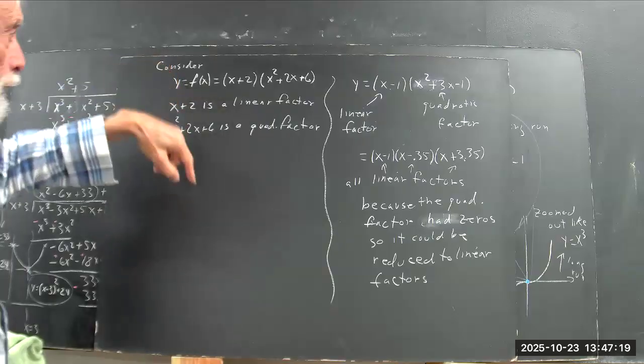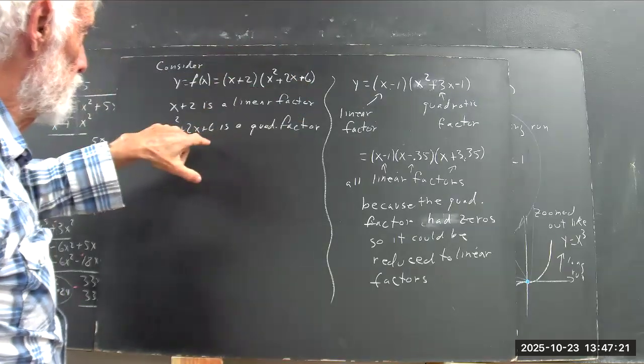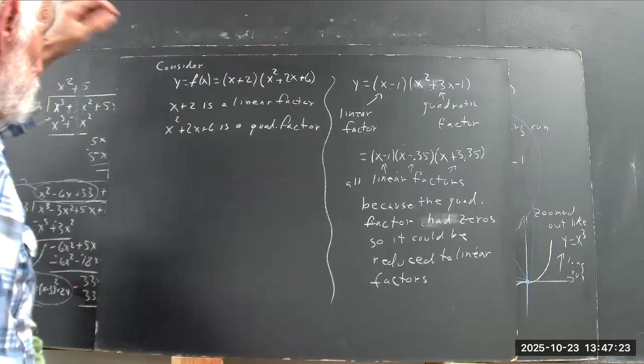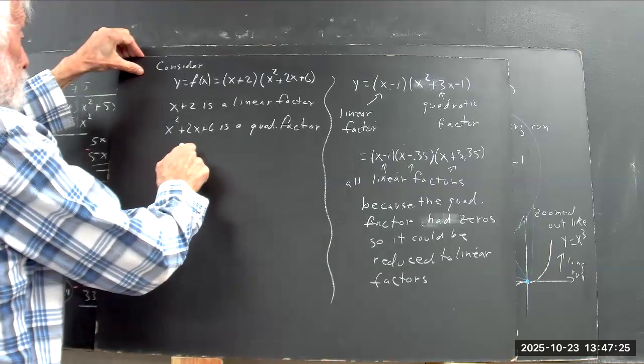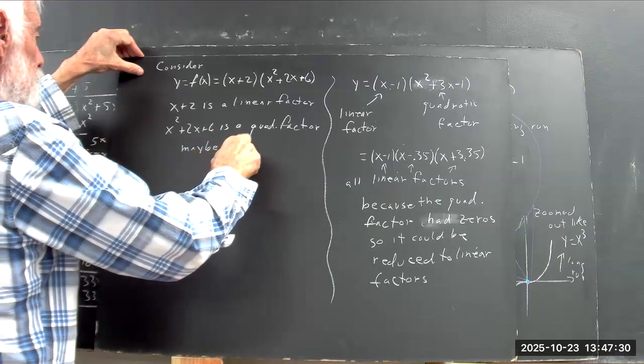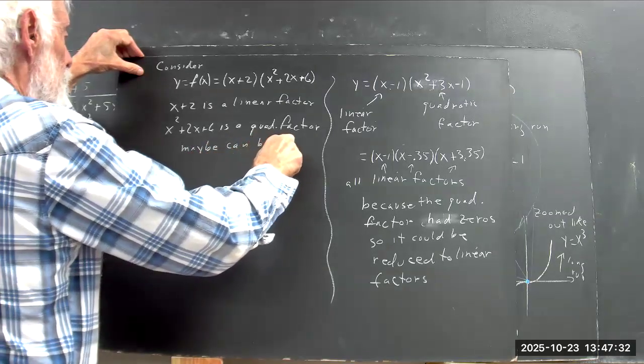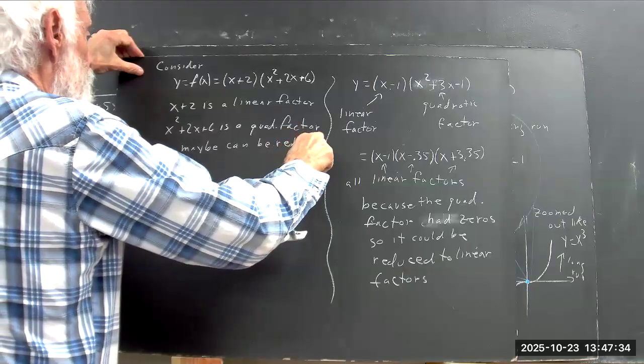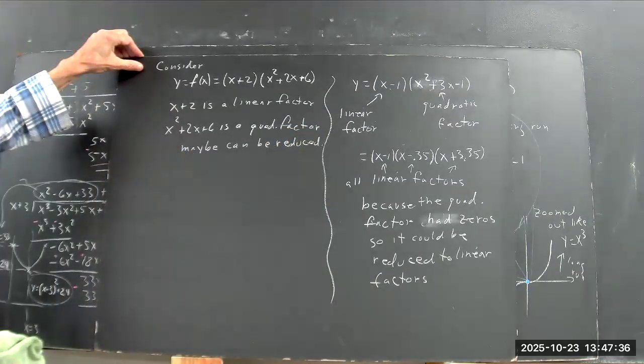Okay, x plus 2 is a linear factor. X squared plus 2x plus 6 is a quadratic factor. Maybe it can be reduced.